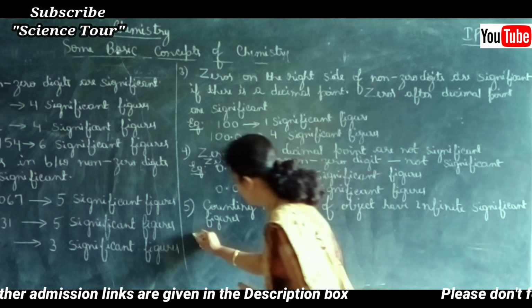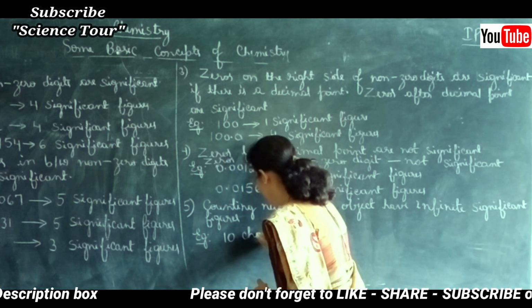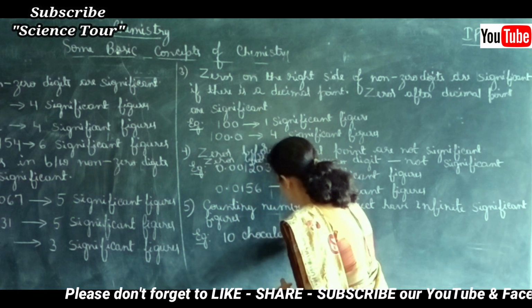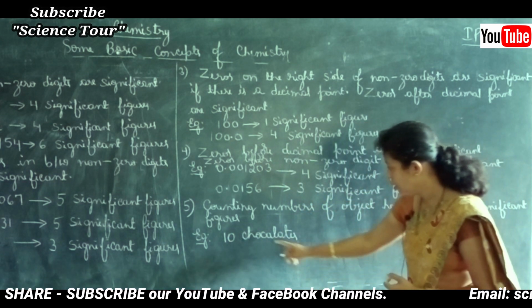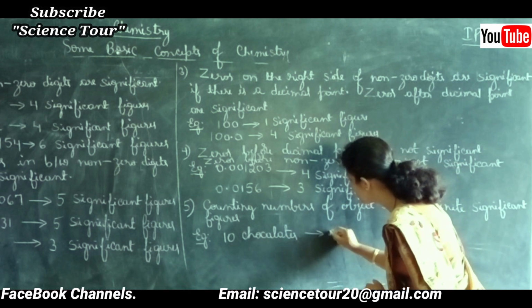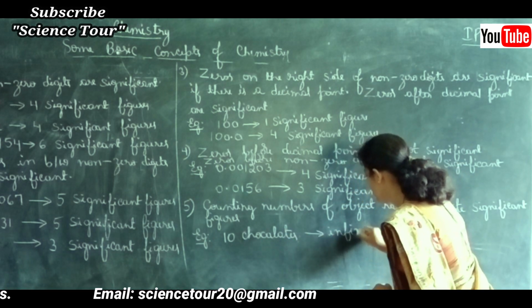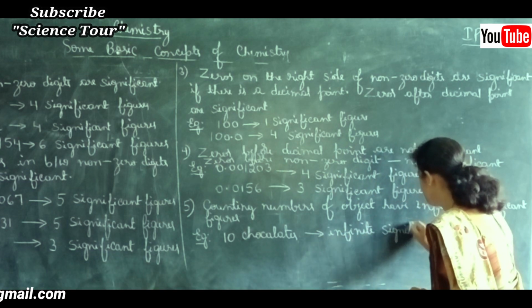Example, let's take 10 chocolates. See here, the number of chocolates is counted. Counting numbers of any object have infinite significant figures. So here there are infinite significant figures.